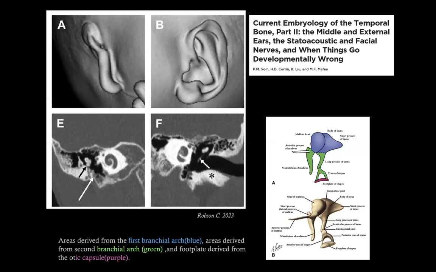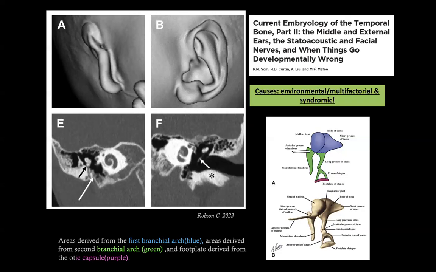The footplate of the stapes can be malformed in both middle ear or inner ear malformation. There are syndromic causes of conductive or mixed hearing loss that are associated sometimes with inner ear abnormality, but as a general rule, you can have inner ear malformation in isolation. But when you have an external ear or pinna malformation, you need to look very carefully for middle ear and ossicular abnormality because they develop together.